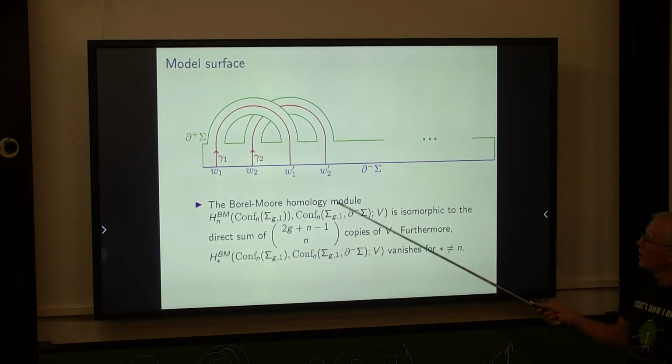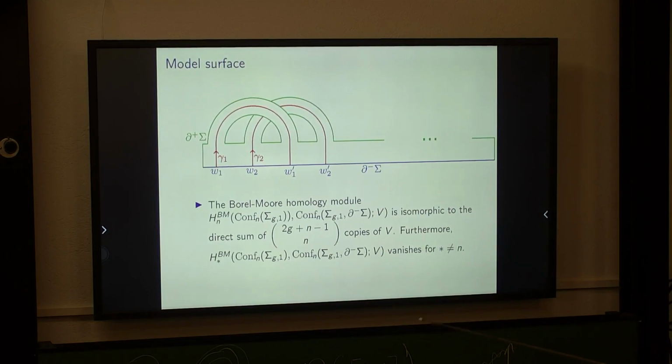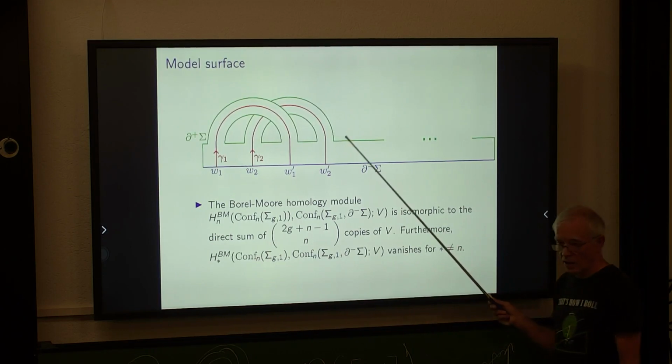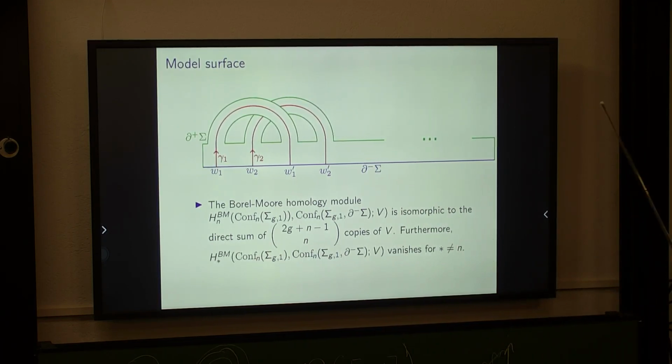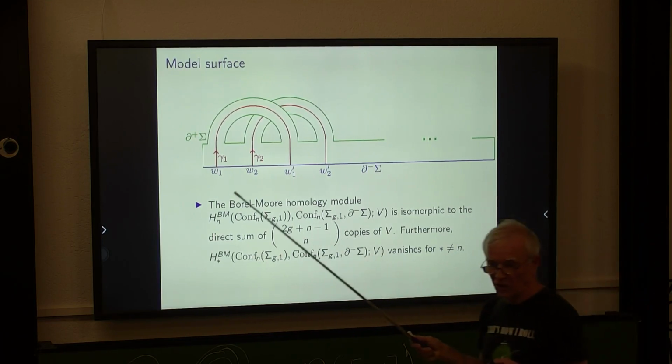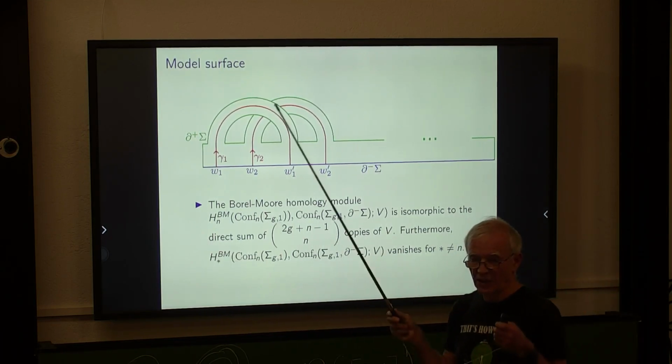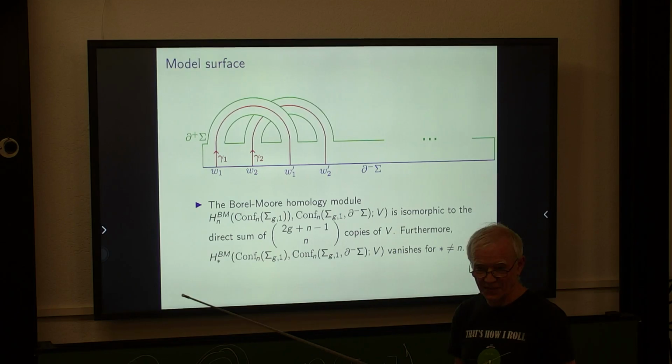And then I can apply this and say, I am in the case where the relative homology of configuration in the surface is isomorphic to the relative Borel-Moore homology of the graph. And the cell complex for the graph is easy.